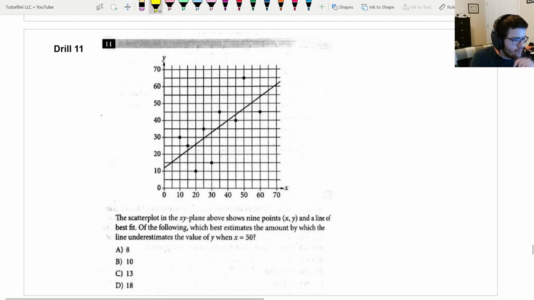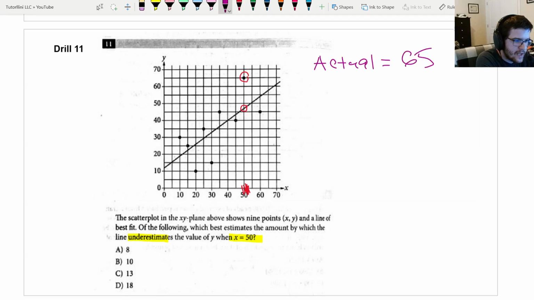Okay, which estimates the amount by which the line underestimates the value of y when x equals 50. Okay, so let's look at 50. The predicted y value is on the line, and the actual y value is the dot. So the actual y value is 65, and the predicted y value is, I don't know, what is that, 45, 46, 47.